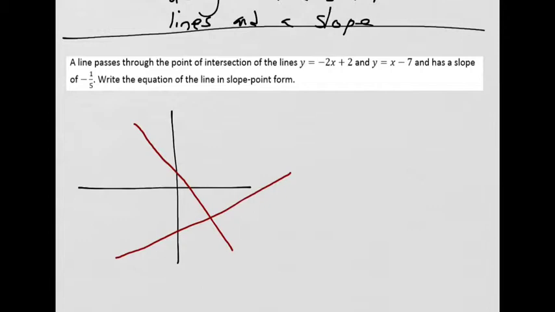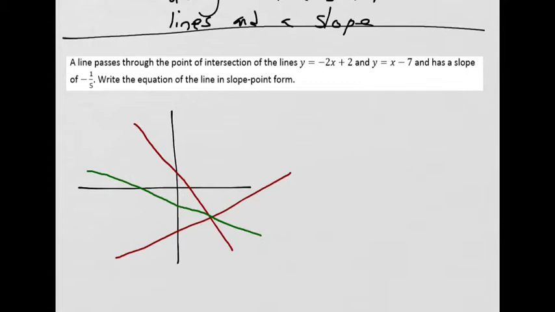And our line that we're writing the equation of, I'll draw it in green here, it crosses through this point where the two red lines cross. Okay, and it has a slope of negative 1/5. So that will look something like this. Again, this is not an exact drawing, but it just hopefully gives you an idea of what's going on here.